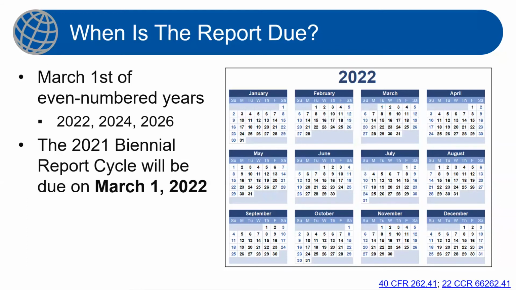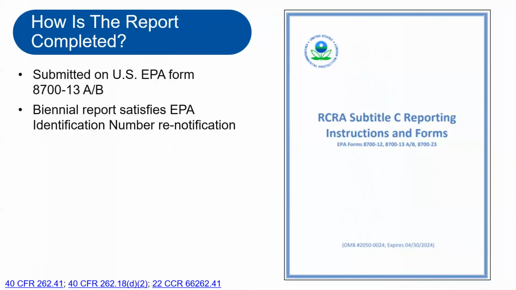Now, the biennial report must be completed on a U.S. EPA form. And the form is EPA form number 8700-13. Now, all RCRA large quantity generators, not only are they subject to biennial reporting, but also these RCRA large quantity generators who have been issued an EPA identification number from the US EPA are required to perform a renotification every other year.